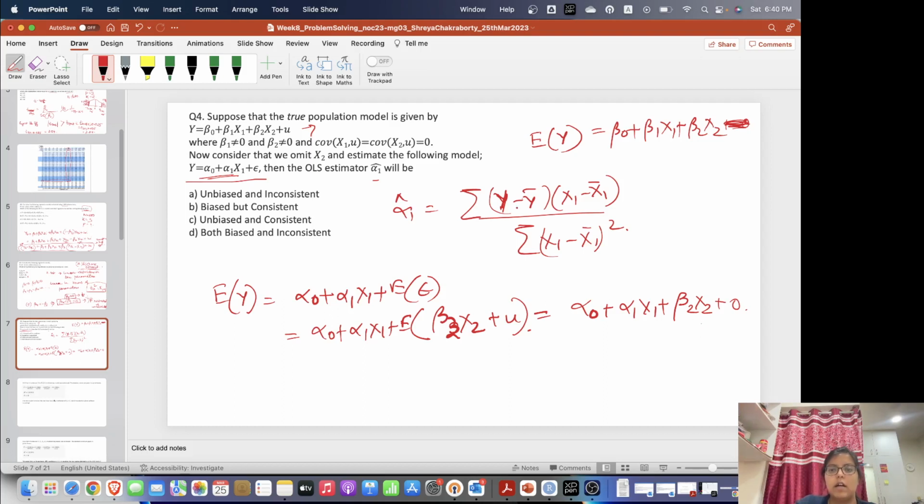Now this term is going to remain and will not get cancelled if beta 2 is not equal to 0. So that is why this will remain biased.